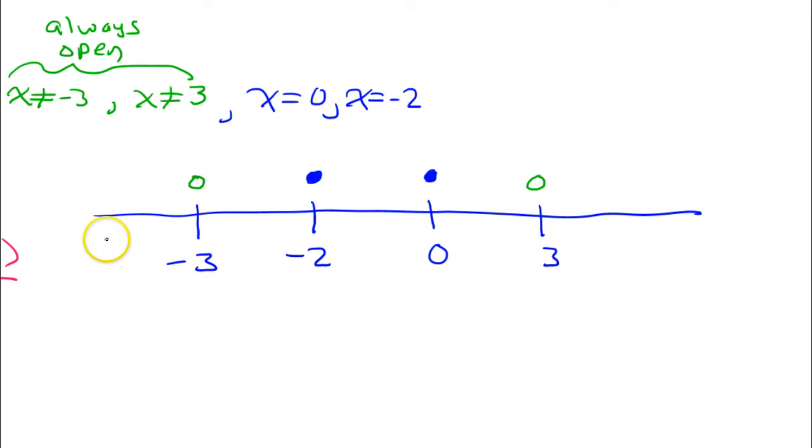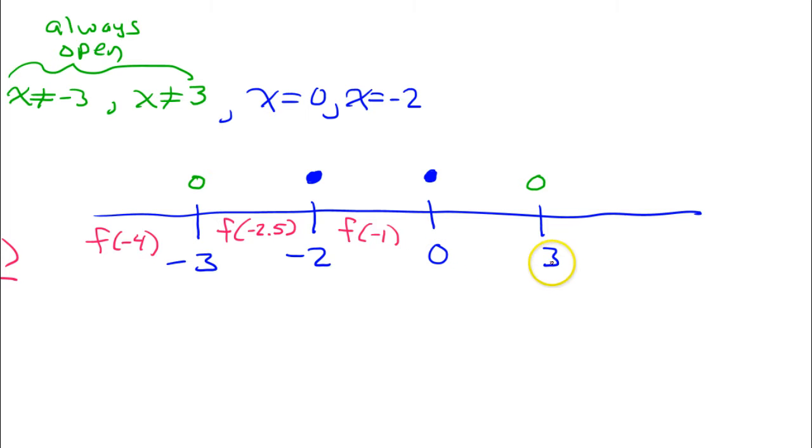So in this zone to the far left, I'm going to use a test value of -4. In between -3 and -2, I will do -2.5. I had to use a decimal because it's between two integers. Now, between -2 and 0 is -1, so I can just use that.